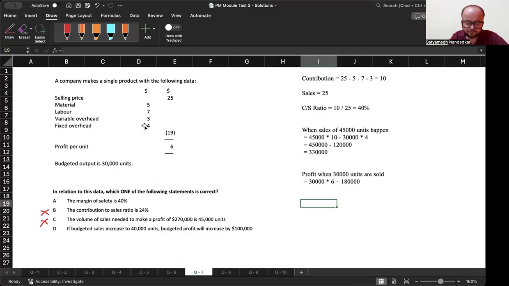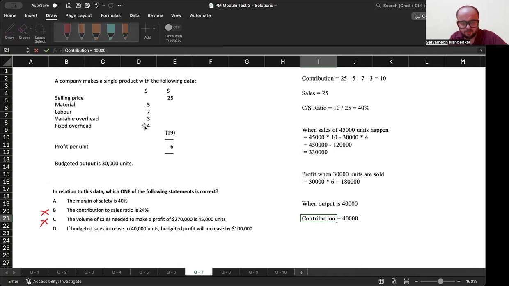Okay, now when output is 40,000, what will your contribution be? Contribution will be 40,000 into 10, that is 4 lakh. Okay, fixed cost is 1,20,000.